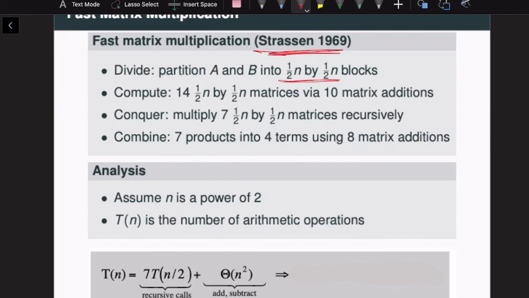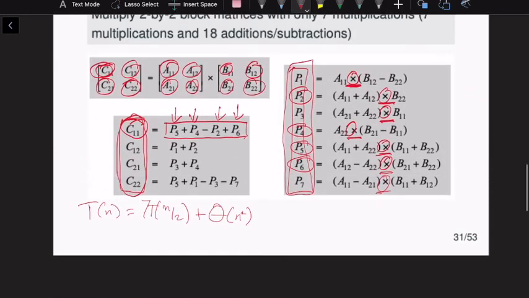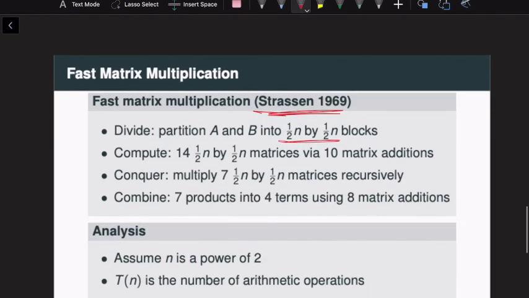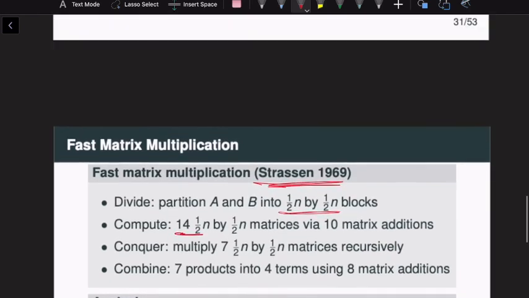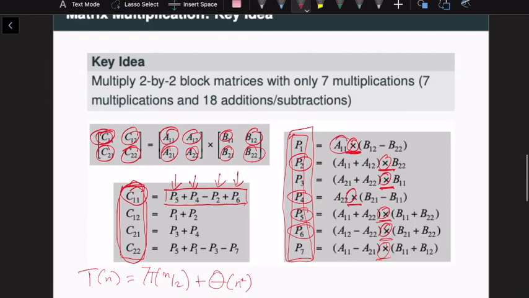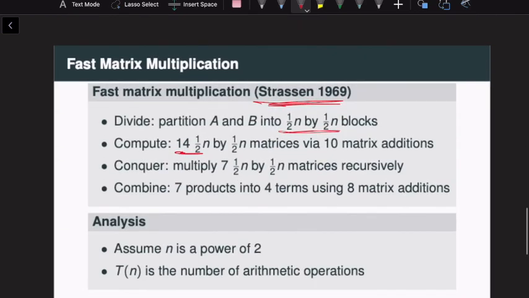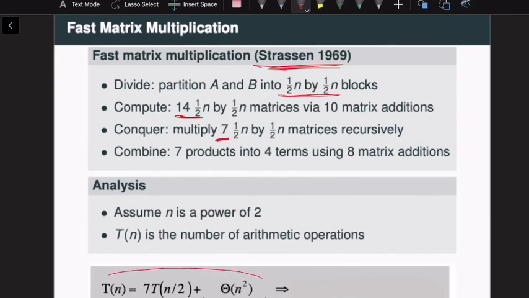Then we compute 14 different matrices: this is one matrix, this another, and so on. The cost of that is 10 matrix additions, and matrix addition is n squared work. And then we do 7 multiplies. That's the key, because that gives us this recursion right here.